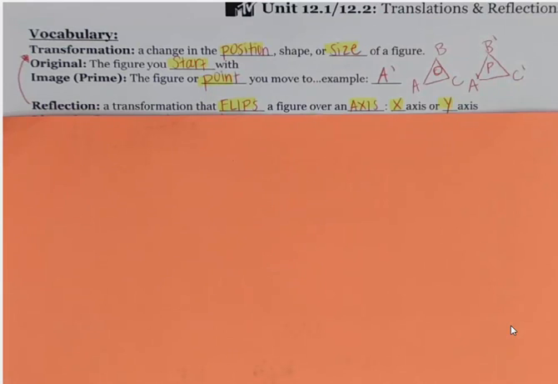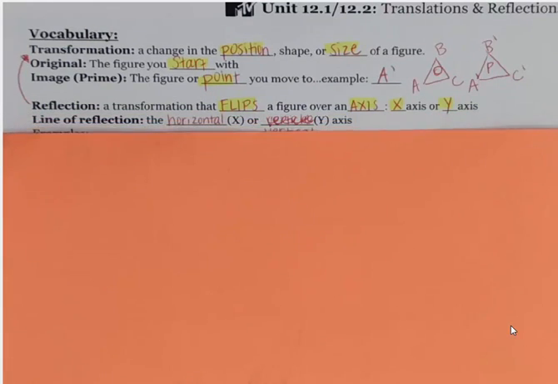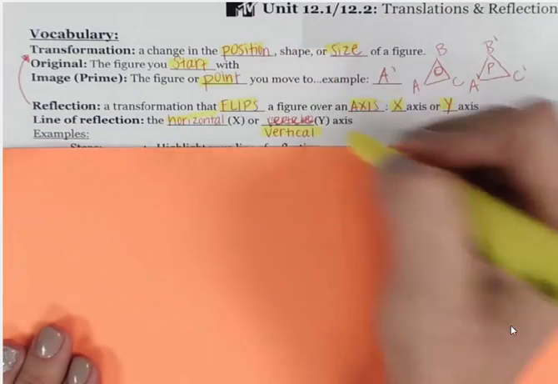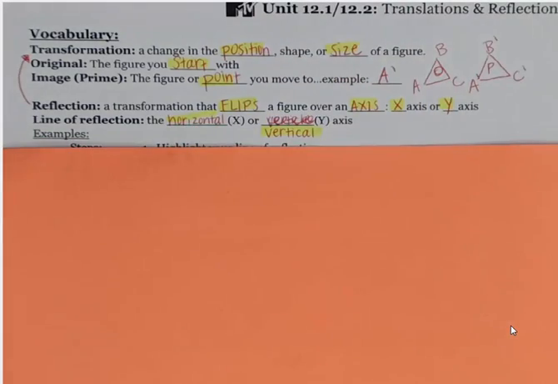And then when we're talking about the line of reflection, that is the horizontal or vertical axis. Horizontal, horizon, so that's our x-axis, or vertical, that means up and down, and that's our y-axis.